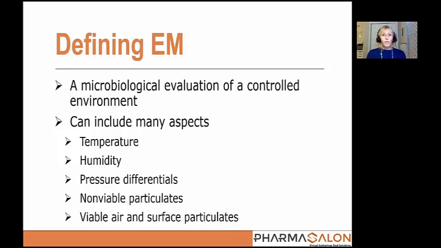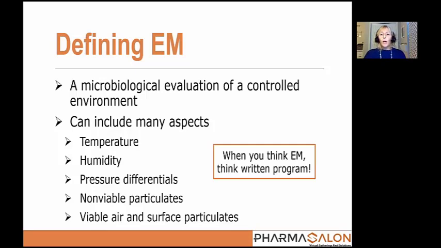You can see some of the other things there that you might be doing environmental monitoring for within your environment. But as I mentioned, we're going to focus on the bacteria, yeast, and mold that you'll have pop up. And as we're talking about this, I want you to think about how you currently are documenting your environmental monitoring program, specifically your viable air and surface sampling, because it's going to be really important that you have all of that documented properly.